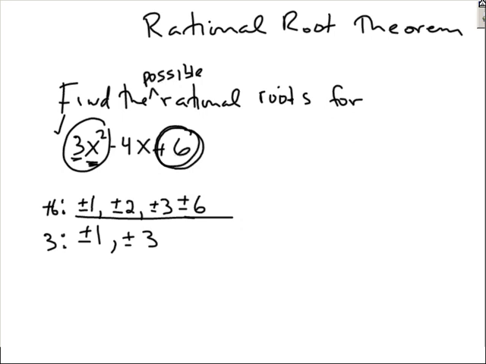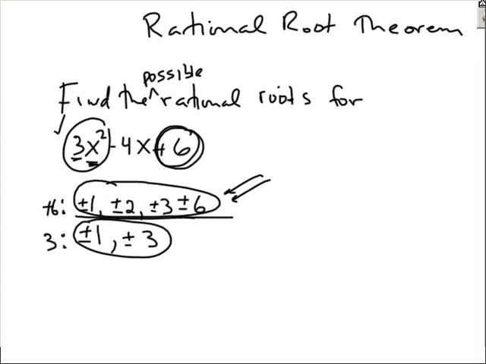Now, we want to form all the possible fractions we can. There are 8 numbers here, and there are 4 numbers here. We want to form all possible fractions that have one of those 8 numbers on top in the numerator and one of these 4 numbers in the bottom.